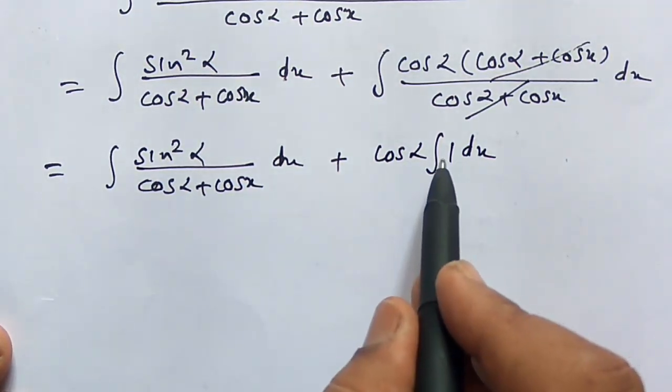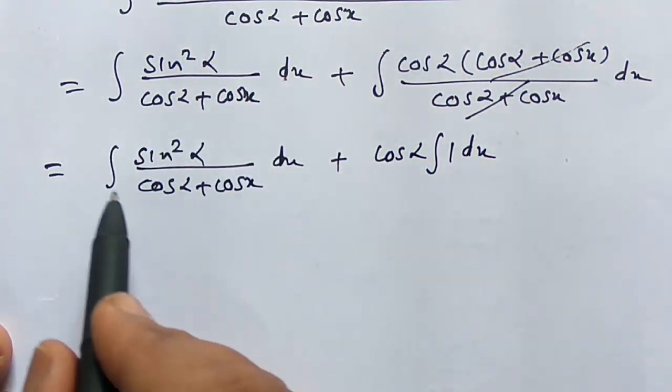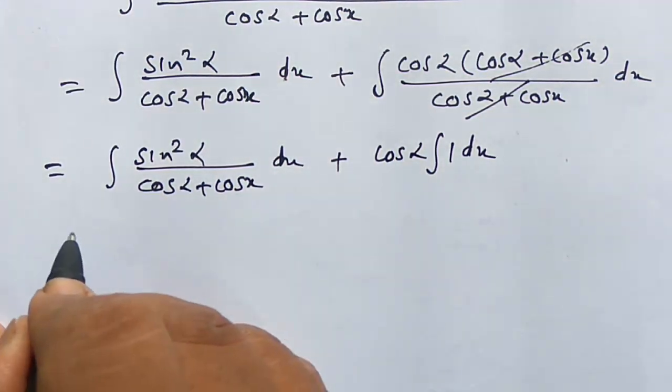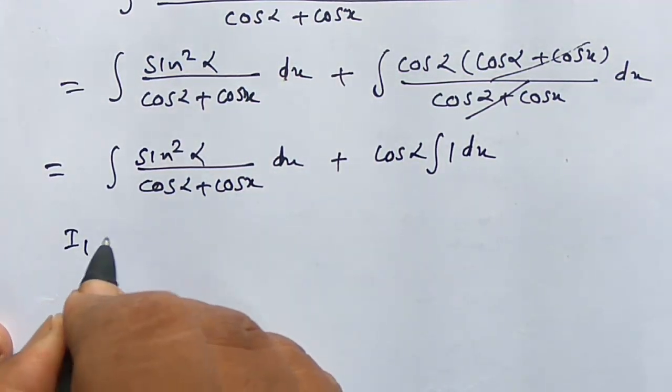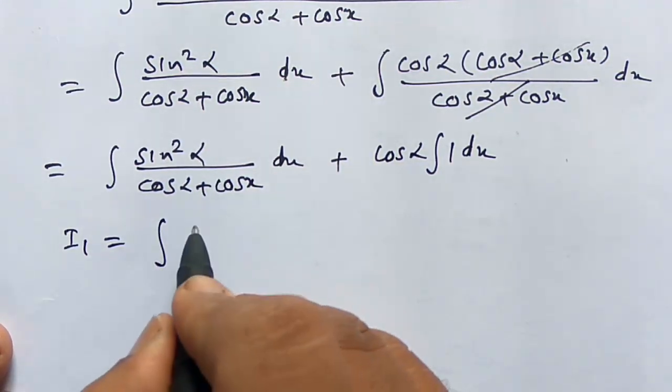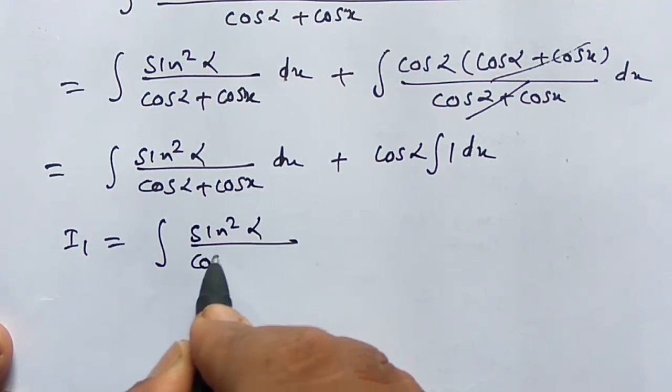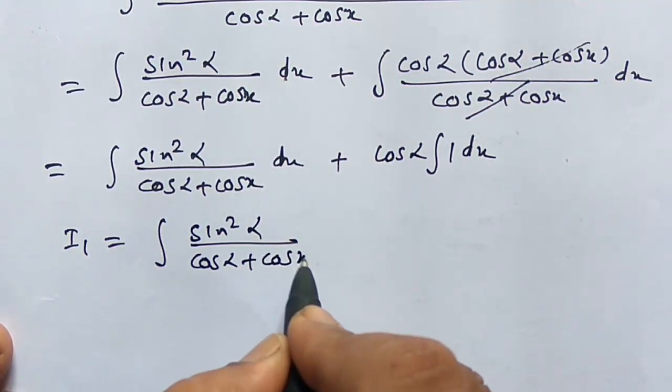The integration of this is x. Now only evaluate this part, which we denote by I1. I1 is equal to integration of sin square alpha upon cos alpha plus cos x dx.